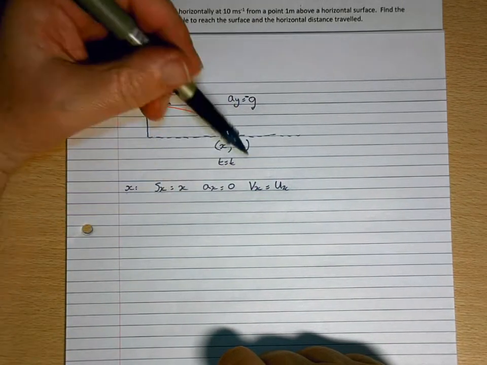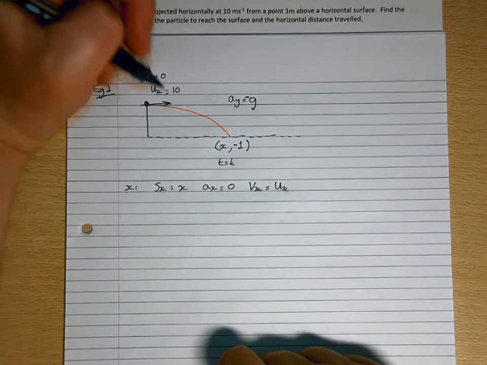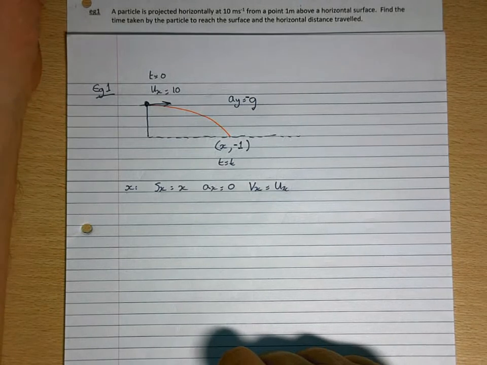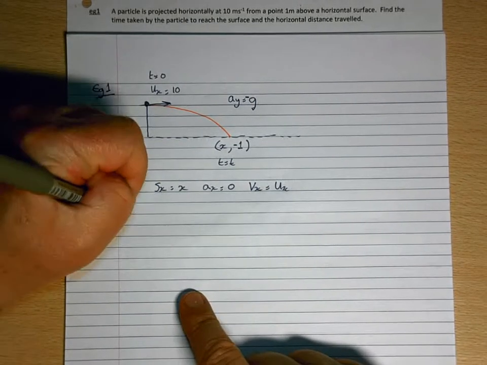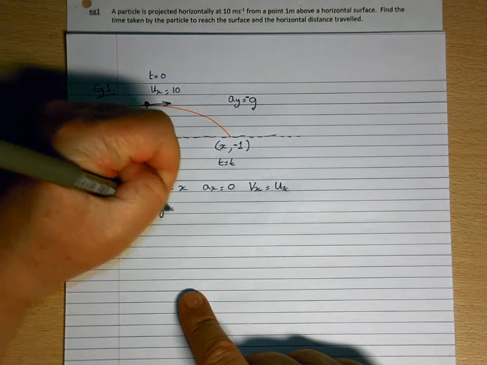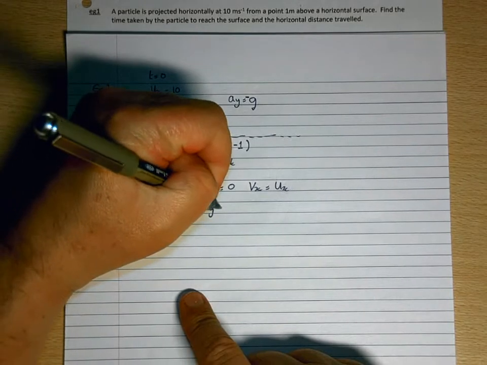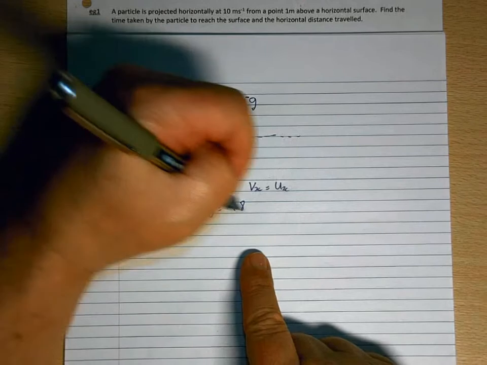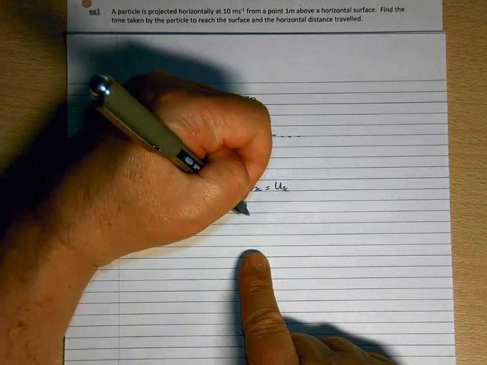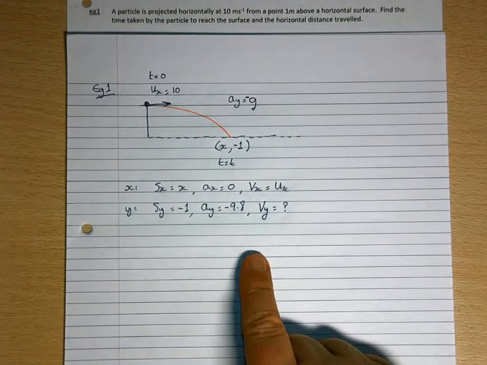And we know that at the point of impact, the time is t. When it comes to vertical motion, we know that sy is -1. We know that ay is -9.8. And what we don't know is the velocity when it hits the ground.